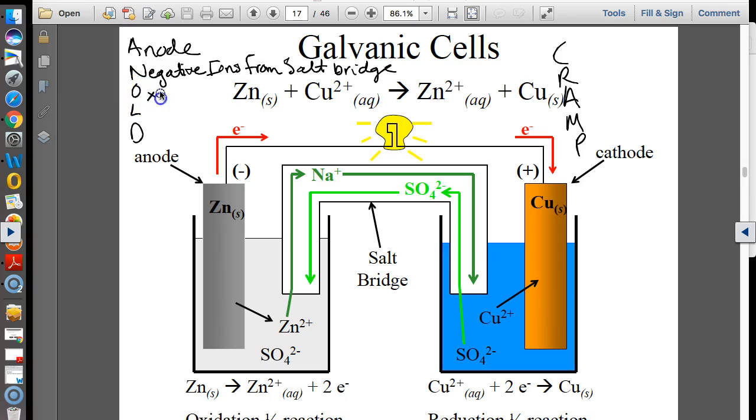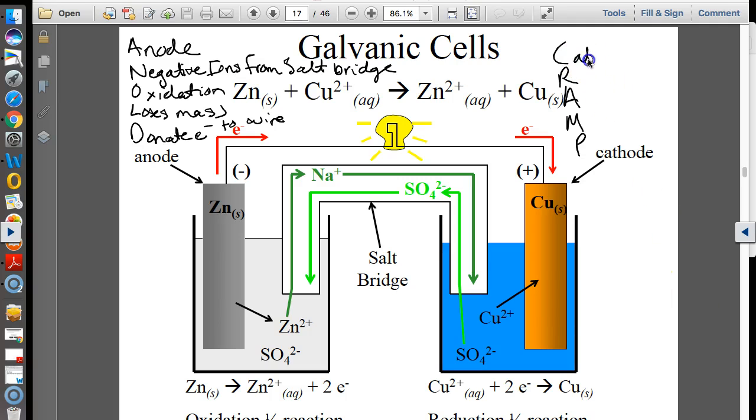This is where oxidation happens. It loses mass. It donates electrons to the wire. Be careful that you don't accidentally say it donates electrons to the salt bridge or something. Be careful with that. This goes to the wire.